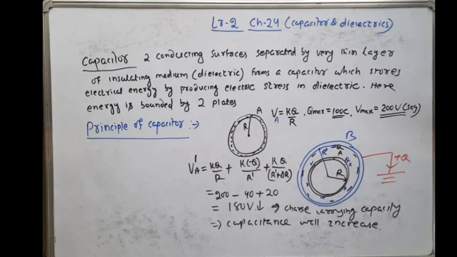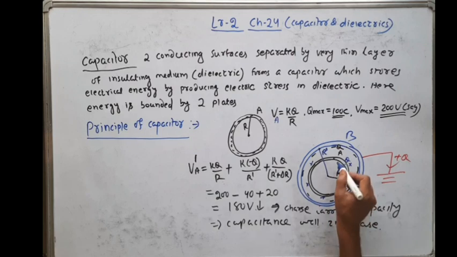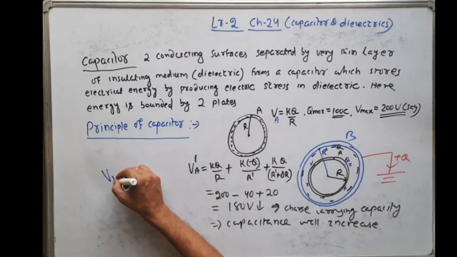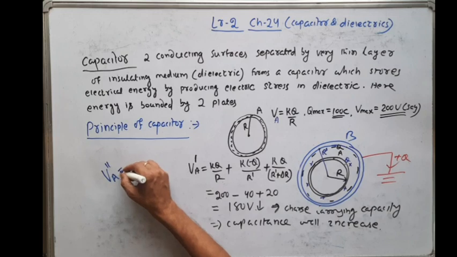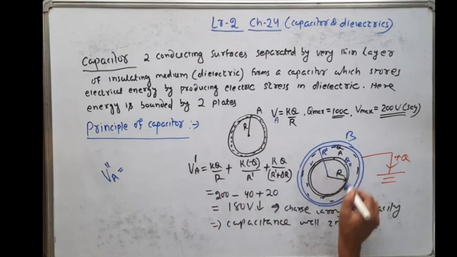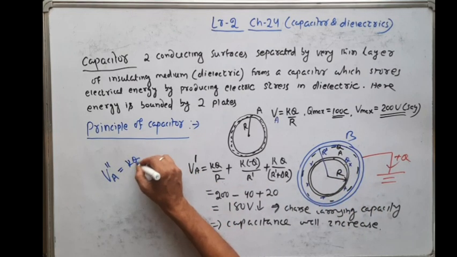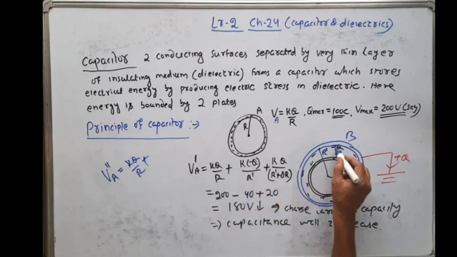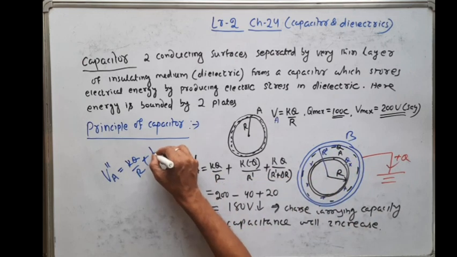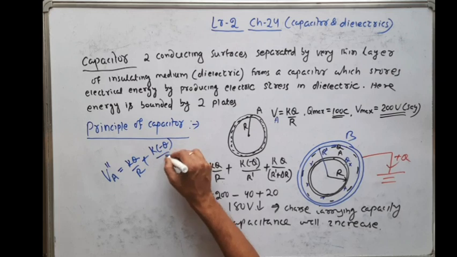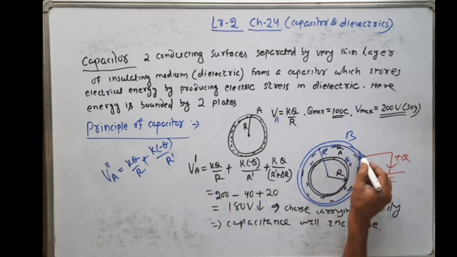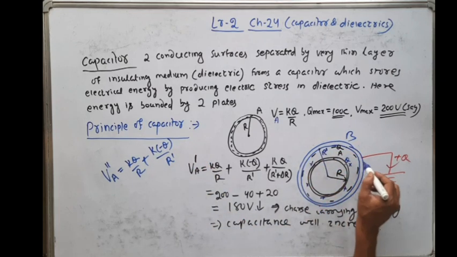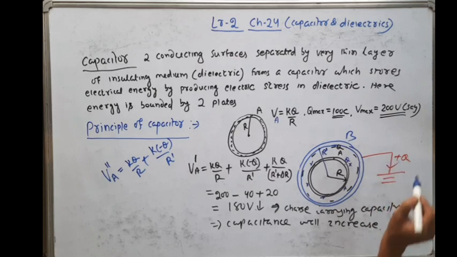So if it is connected to earth, what will happen to the potential of A? Potential of A, now VA double dash, is equal to potential due to A, that is KQ by R, plus potential due to this negative charge, that is K into minus Q by R dash. And here this outer surface charge plus Q is already gone to earth.